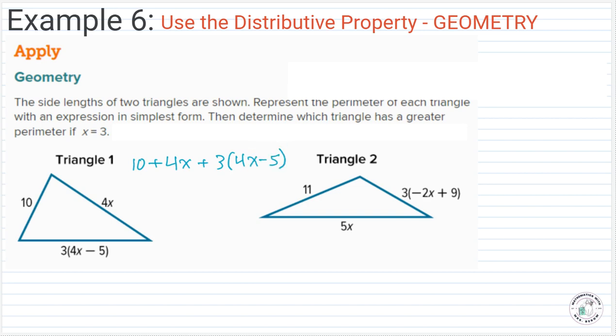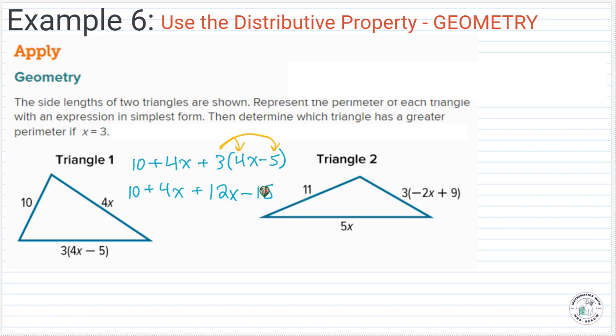This is actually going to bring in stuff that we talked about in the last video with combining like terms, but our first step is to use the distributive property, which again is the main focus of this video. We're going to do 3 times the 4x and then 3 times that 5. So I'm going to have this 10 plus 4x still out front, but now we're going to have plus 3 times 4x, which is 12x, bring down my subtraction sign, 3 times 5 is 15.